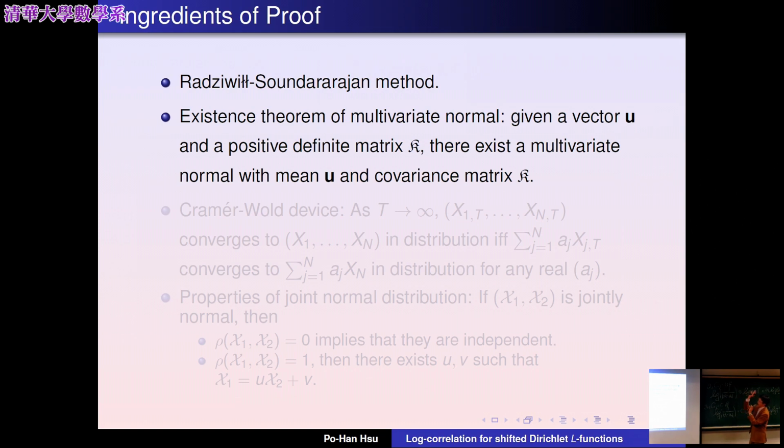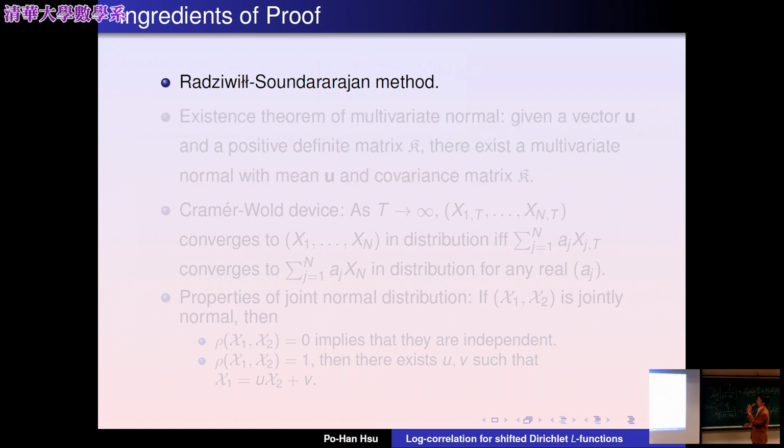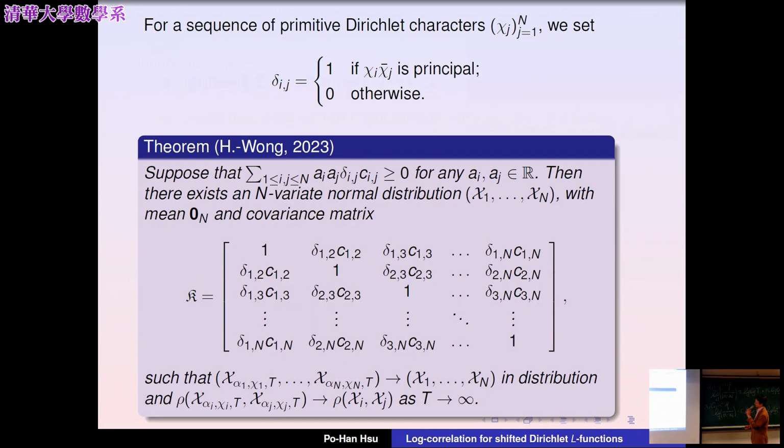We require them to be positive definite, and then we use this existence theorem. So there exists such a nice multivariate normal distribution. And the next thing is how to show this converges as a vector.